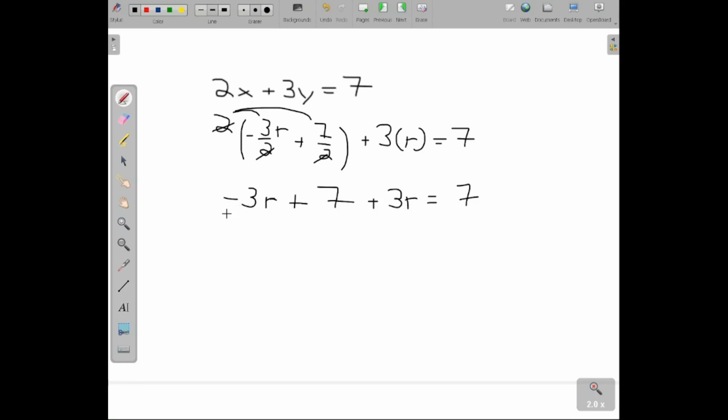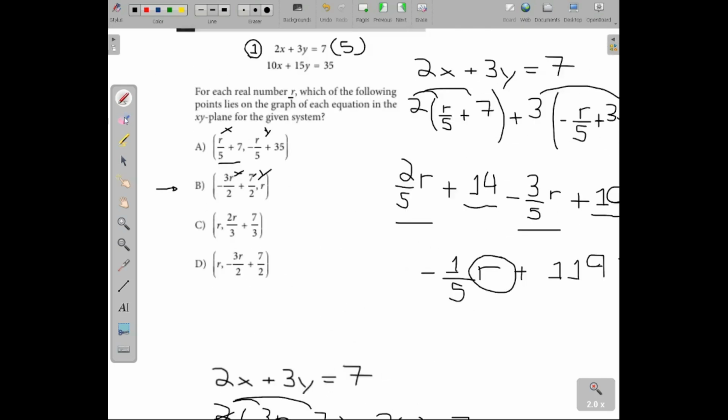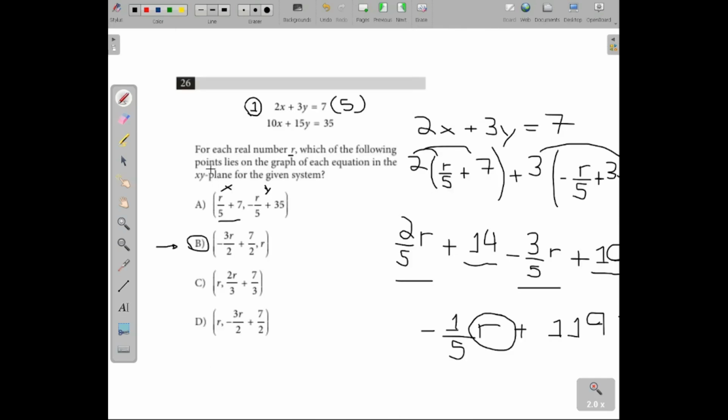In this case we can cancel out the r's. Negative 3r plus 3r will be 0, and we see that the equation is consistent because 7 is equal to 7. So that means that the points in choice B lie on the graph of each equation. The answer is B.